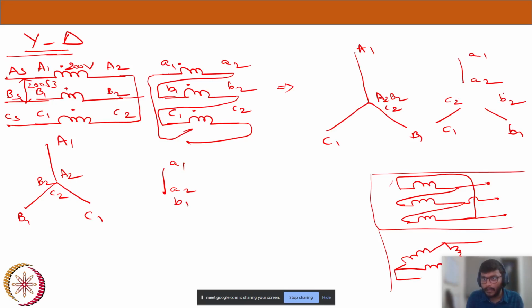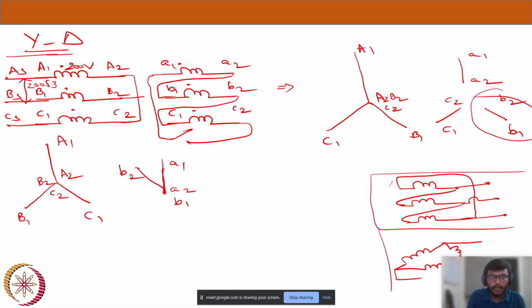B2, B1 should be this phasor, so I have to draw the same in parallel. It should be in phase with the primary side B phase voltage. So now this is my A1, A2.